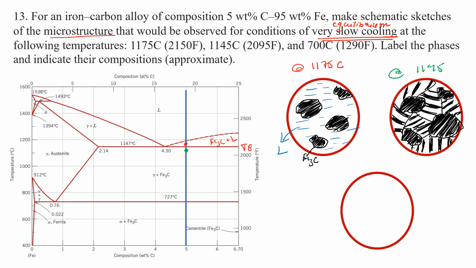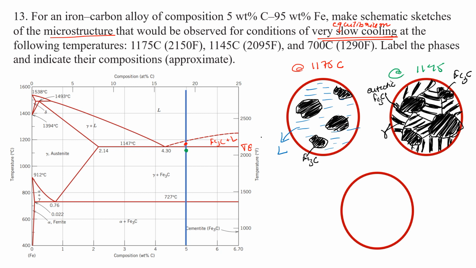So this was my proeutectic cementite, and these are my gamma phases. The white one is, let's say, gamma, and Fe3C, these are all my eutectic cementite, the black one inside the colonies.